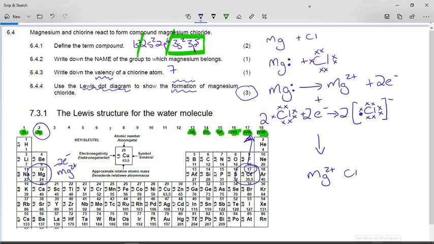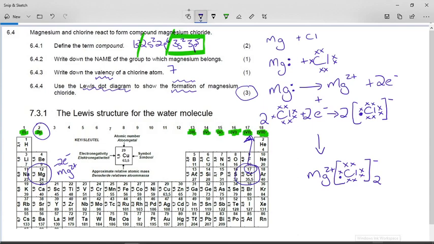Then you have 2 chloride ions bonded to this magnesium ion. So make sure with the dot you show that it gained an electron, and you can put a 2 over there to show it is MgCl2. That is how you draw the Lewis dot for magnesium chloride.